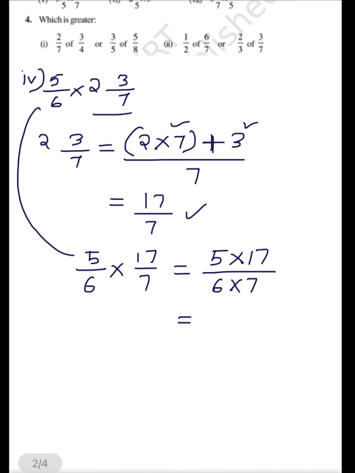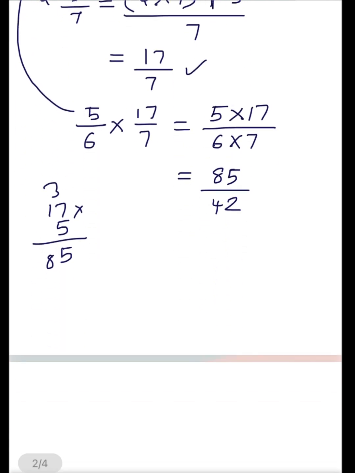Now what is 17 into 5? 85. Okay, so 85 divided by, what is 6 into 7? It's 42. Now this 85 by 42 is an improper fraction, so you have to convert it into a mixed fraction. 85 by 42 means what? 2 times 42 is 84, remainder 1.